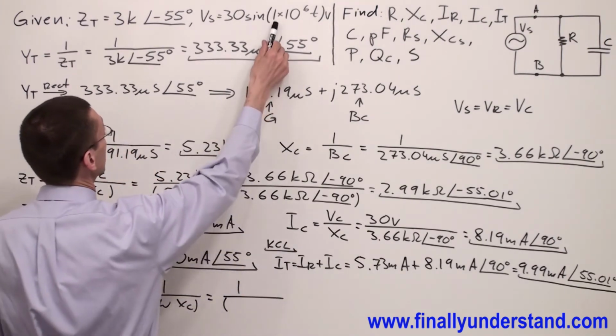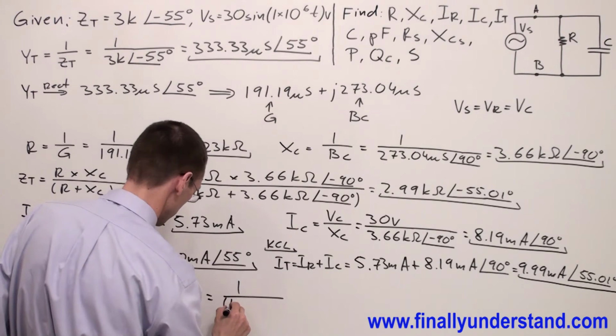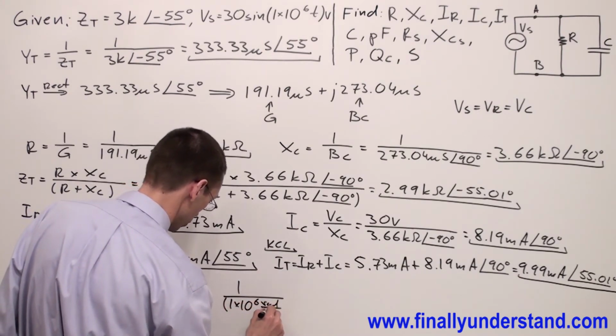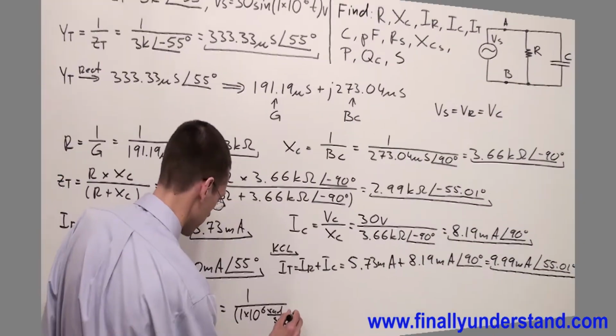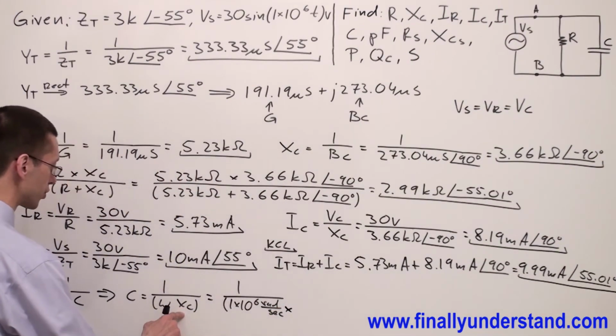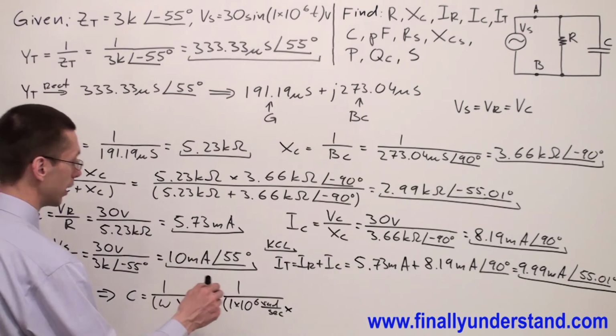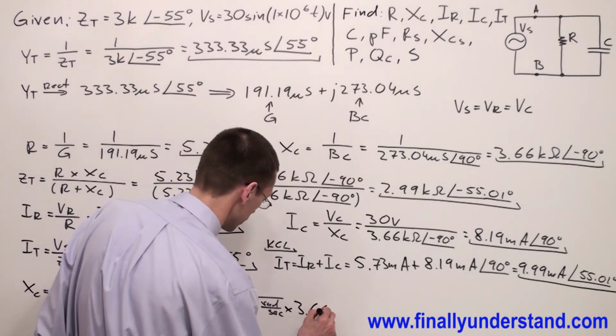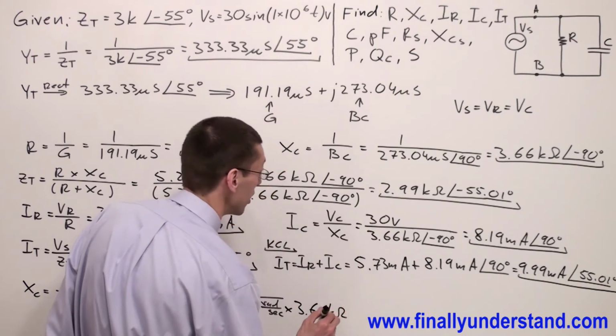Omega is equal to 1 times 10 to the 6 radians per second times XC, which is equal to 3.66 kilohms.